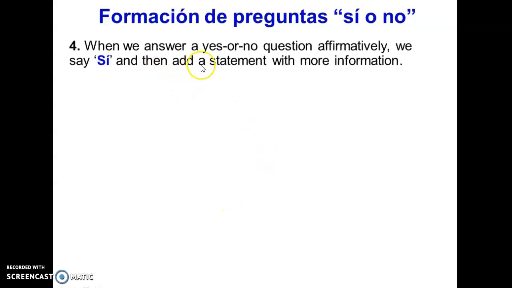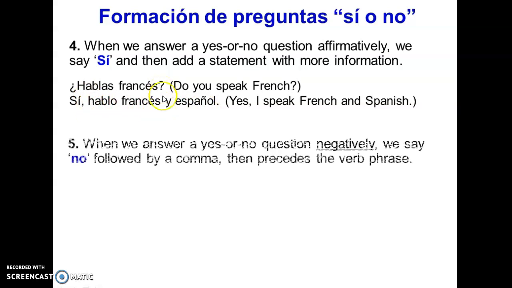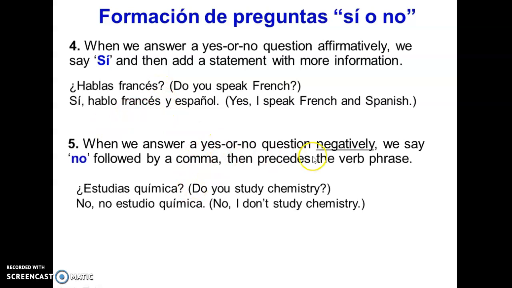When we answer a yes or no question affirmatively, we say sí, and then we add the rest of the statement. ¿Hablas francés? Do you speak French? Sí, hablo francés y español. Okay, answering positively. When the answer is a no, we say no and then the rest of the information.